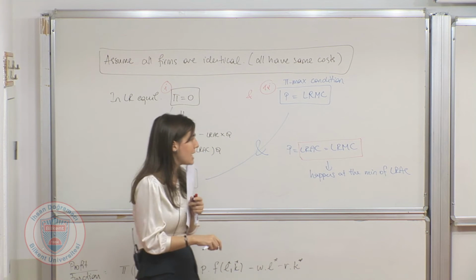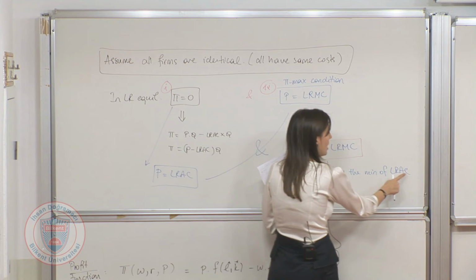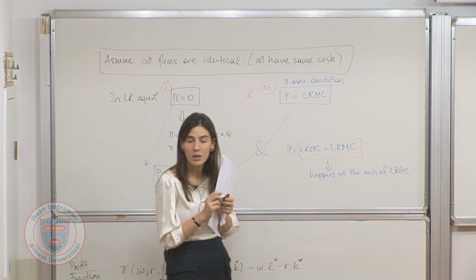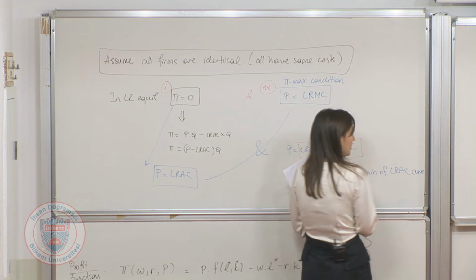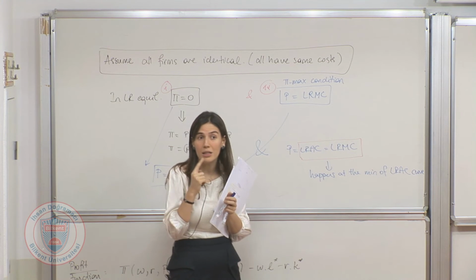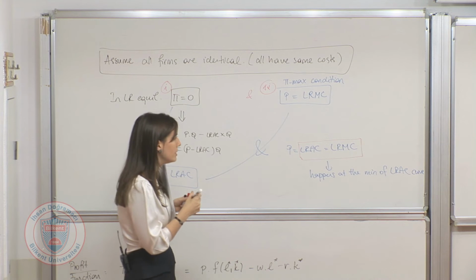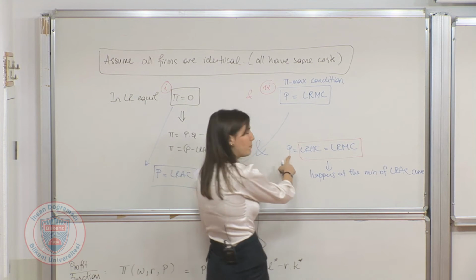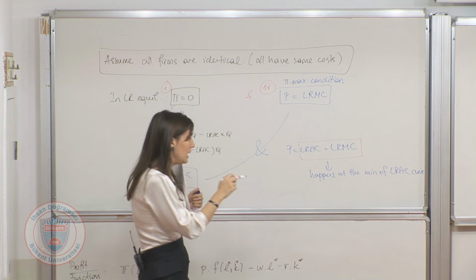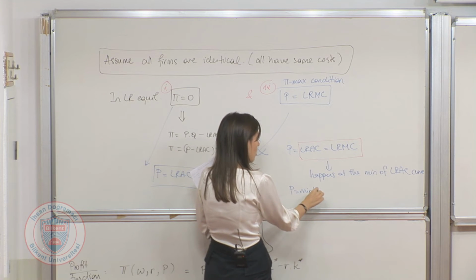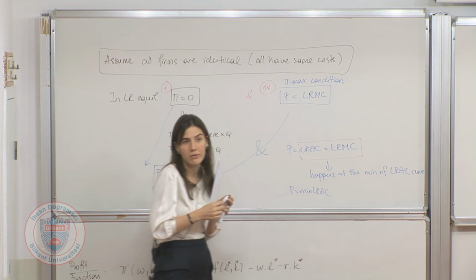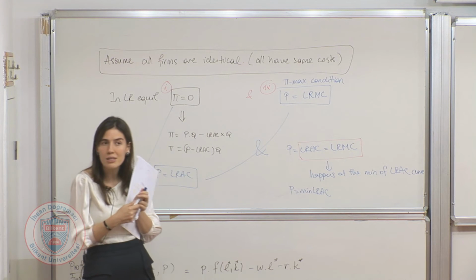So this happens at the minimum of the long-run average cost curve, right? So from here, we can immediately figure out that the price in the long run is going to be equal to the minimum of the long-run average cost curve, because that is where profits are zero.